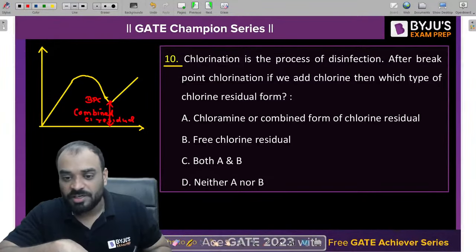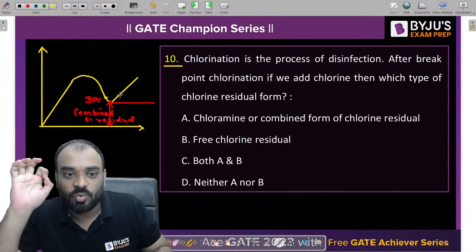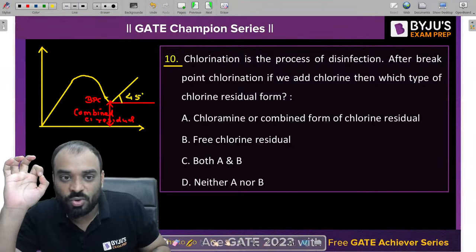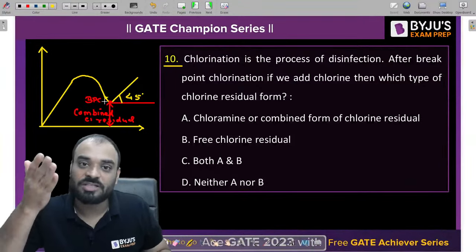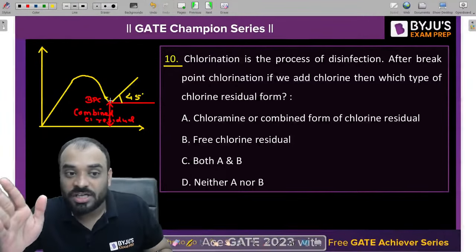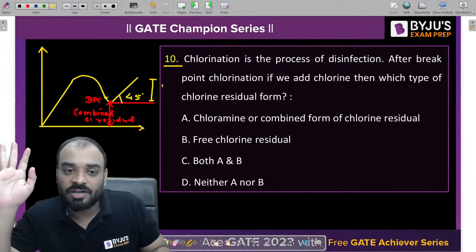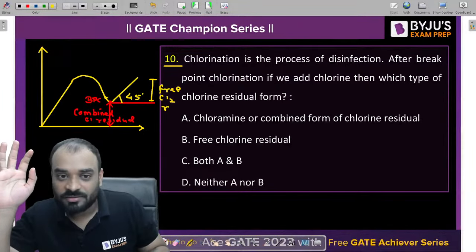After this particular BPC point, if you add a further amount of chlorine, it will get converted directly into free chlorine residual, because there is nothing left that is trying to react with the chlorine, and that's why it is known as the BPC point, right? So whatever chlorine you are adding after this particular point, all will get converted into free chlorine residual, right?